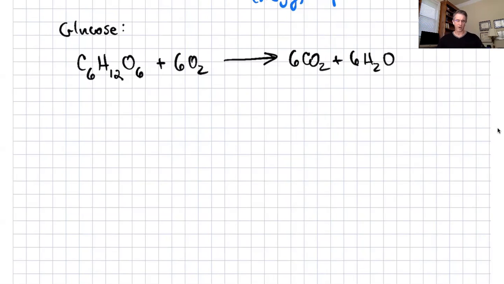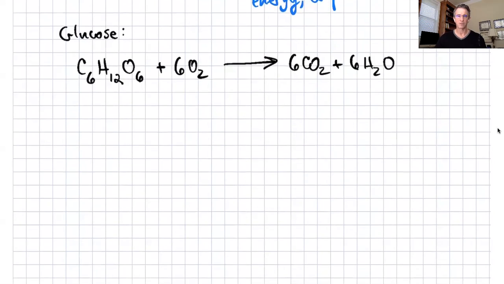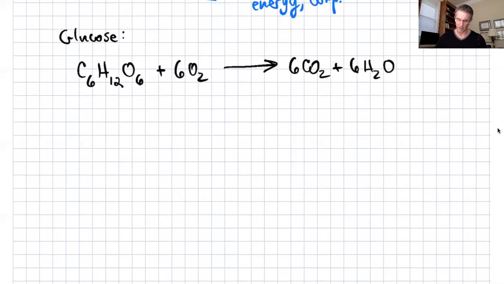That would be converting that molecular structure and all those high potential electrons, the stored energy, into the lowest oxidation state for those carbons, the CO2 molecule, and water. And with this combustion reaction, like I said, there's a lot of energy available.